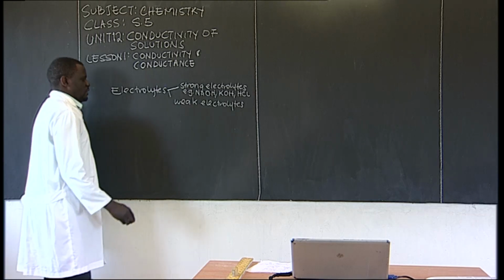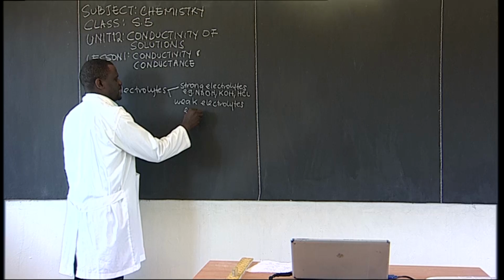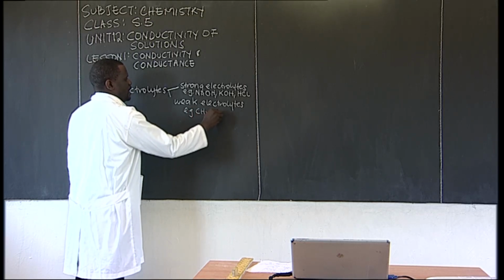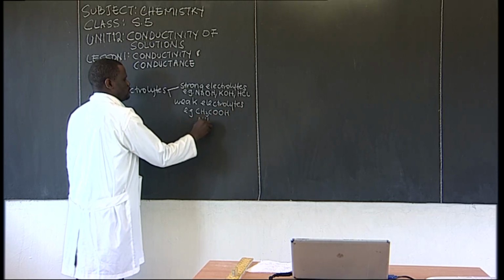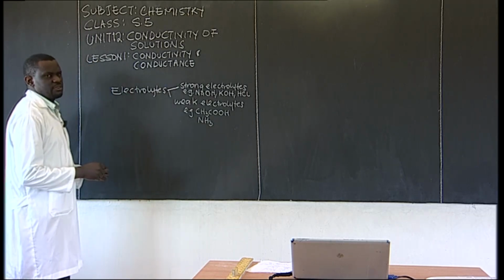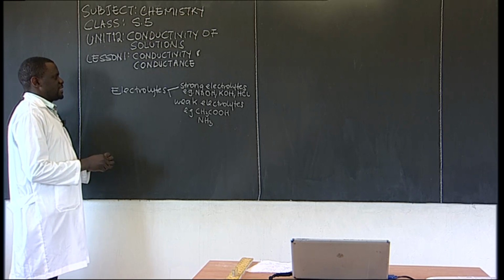Then examples of weak electrolytes: who can give us examples? We have ethanoic acid and other organic acids. We can also have ammonia solution. These compounds can conduct electricity in aqueous or in molten state.